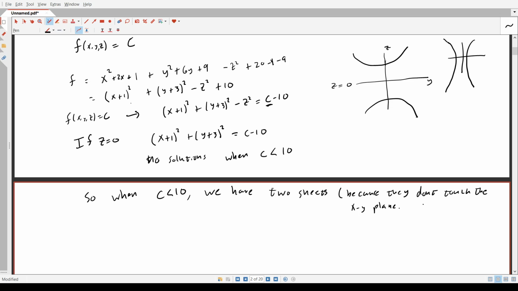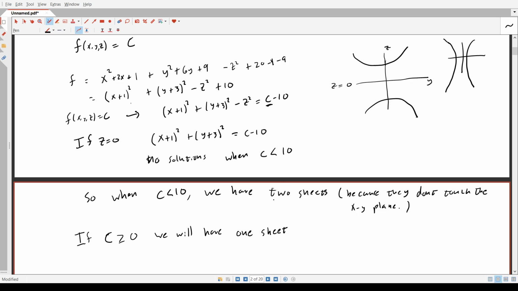So, just to recap again, how do I know that I have two sheets? Because I can separate them with this plane, the xy plane. So that's when I have two sheets. So if C is greater than or equal to 0, right?